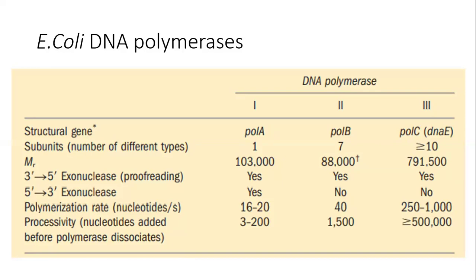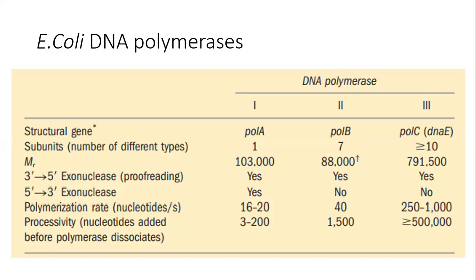So processivity is basically the number of nucleotides that the enzyme will add before it dissociates from the DNA. So here also we can see that the polymerase 3 has the highest processivity, about more than 5 lakh nucleotides it can process at a time.